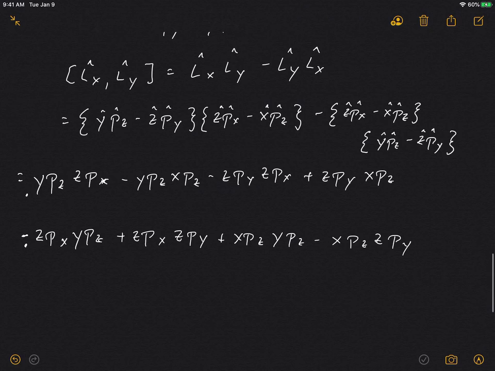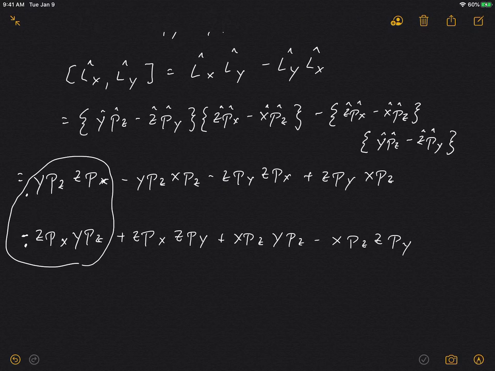Actually, we can rewrite these two terms by factoring out the parts that do commute and the parts that don't. So z and pz do not commute, but y and px do.